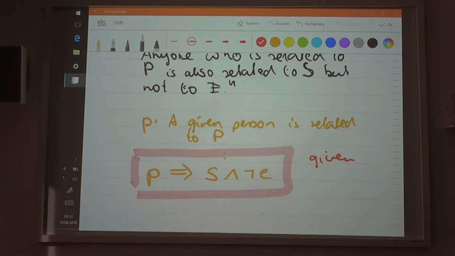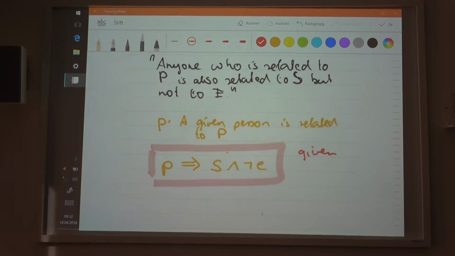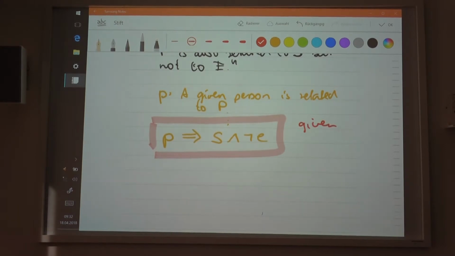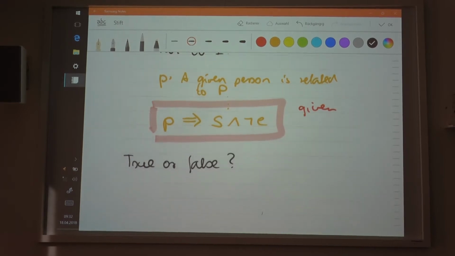Now using that, you have to examine whether or not the following statements are true. For instance, the first one is: anyone who is related to Simon but not to Emily is related to Paula. Is this true or false? These are the things that you're supposed to select from.